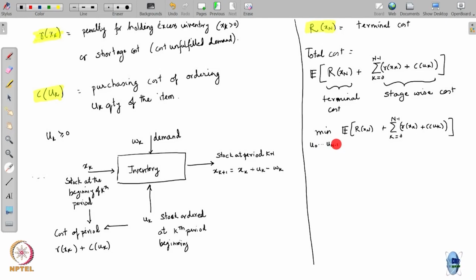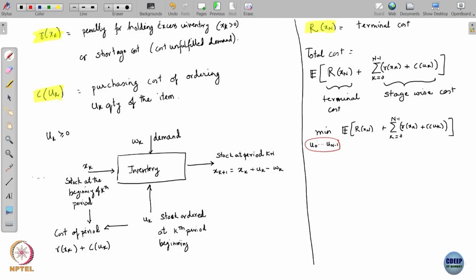So, the amount of stock to be ordered has to be decided only once we have seen the information that is available, which is the stock that is available at the beginning of the period. Without that being provided to us, the amount of stock to be ordered is not something we can decide, right. So, as a consequence, this way of posing the problem is actually not well posed.